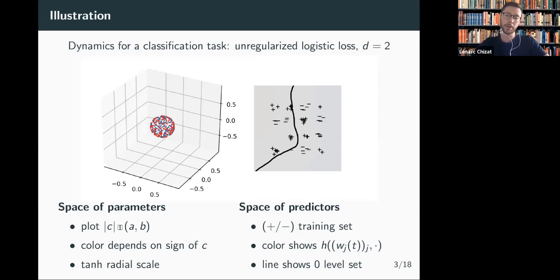So this clears out one redundancy, and this allows us to visualize the dynamics. And then the color of the particle represents the sign of the output layer. And a final detail is that the unit sphere is at infinity, because we will see later in this talk that for such dynamics, all the particles will escape to infinity. So I have applied the hyperbolic tangent to the radial scale to obtain something which is visually more pleasing. And so here is how this evolves.